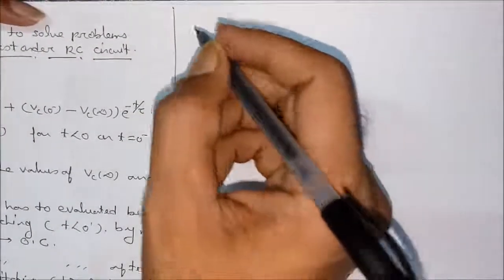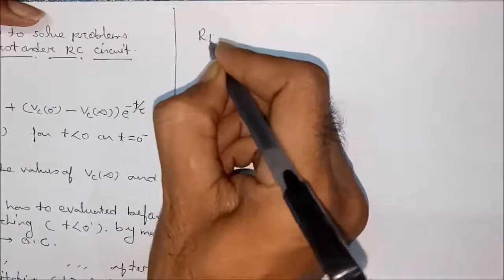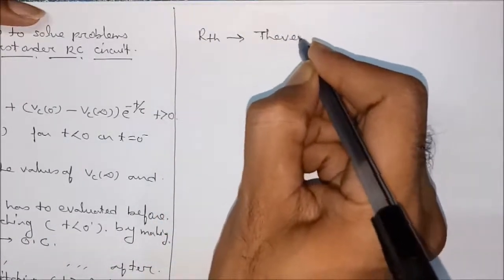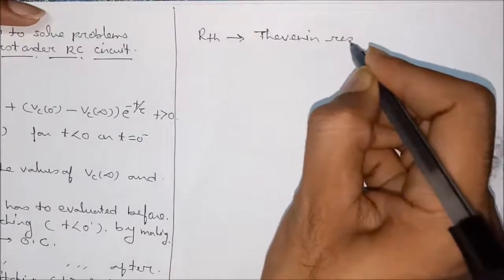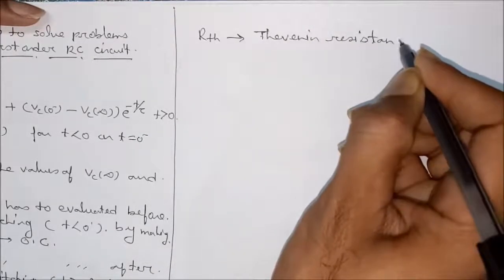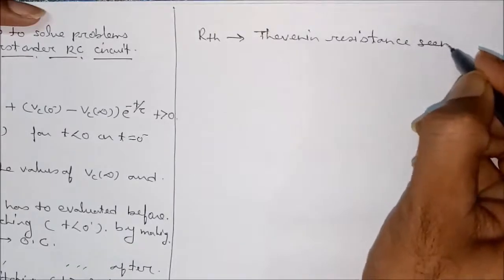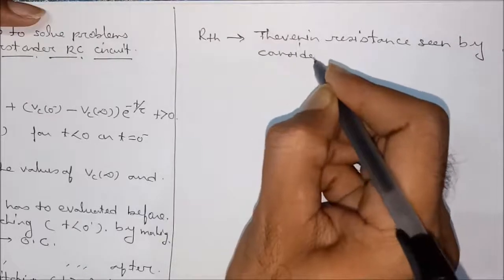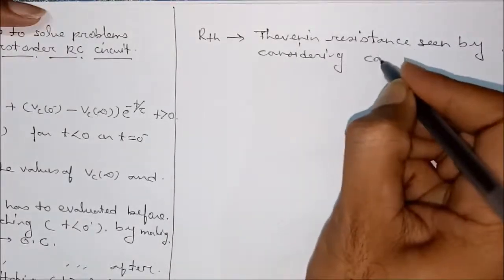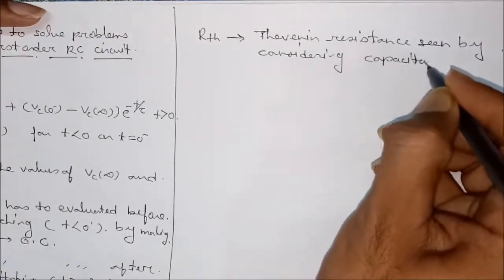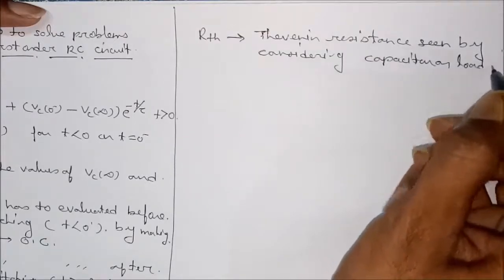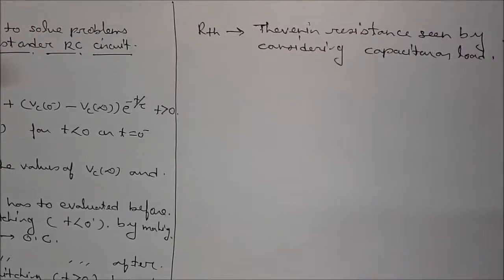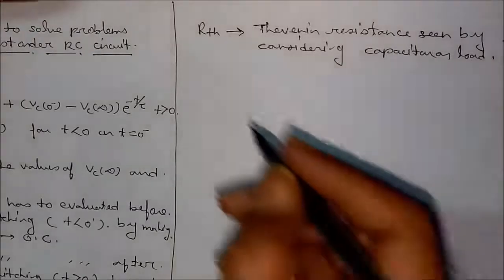Okay, so when you calculate RTH, this is known as the Thevenin resistance, seen by considering the capacitor as a load. While calculating RTH, consider the capacitor as a load and find the Thevenin resistance.